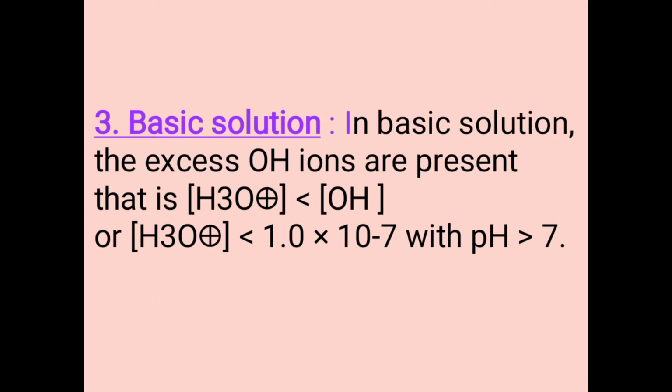Using the dissociation value of ions in aqueous solution, the concentration of H3O+ is less than 1 × 10^-7. When the concentration of H3O+ is converted into pH, pH is greater than 7, and then that solution is basic in nature.